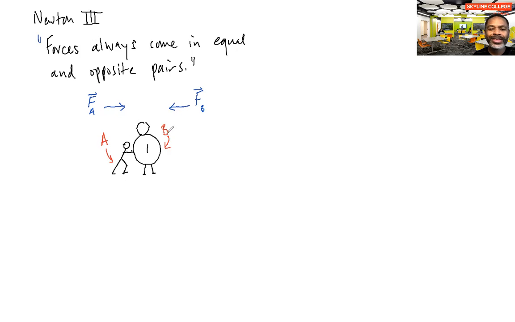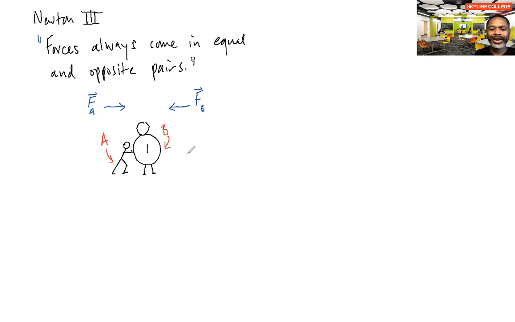Now, you might think, well, how come these forces don't just cancel each other and nothing ever happens, right? I mean, imagine if these folks were on roller skates, right? And this one was just standing here, and then this one came over and pushed really hard. Well, if they're really good roller skates and it's a nice, smooth, even track that they're on, this person may just begin to roll away.